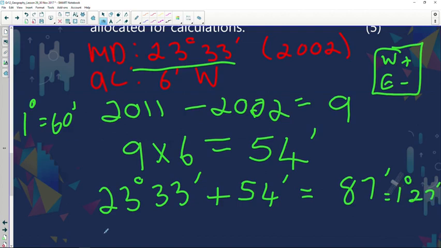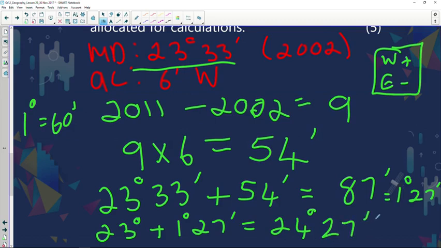So what we can say over here is 23 degrees plus 1 degree 27 minutes equals 24 degrees 27 minutes west. And that's our correct answer. Please don't get confused with the minutes and degrees. Remember, 60 minutes equals 1 degree. Okay, let's move forward.